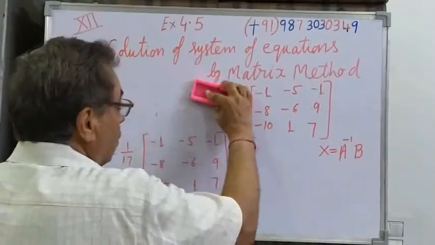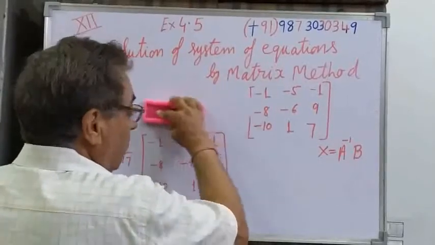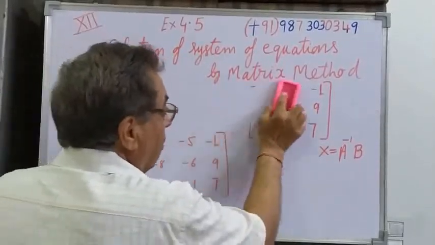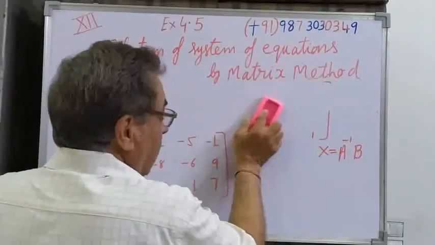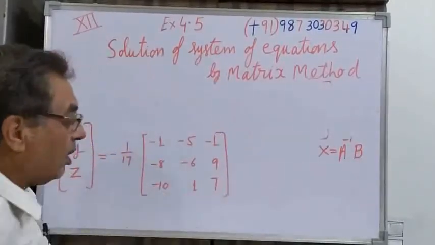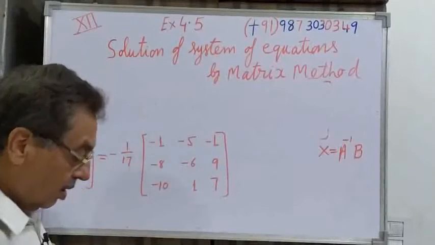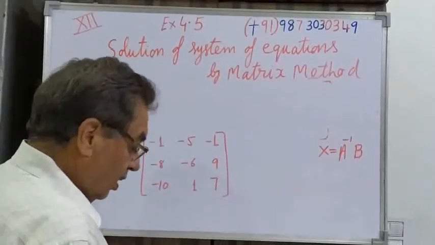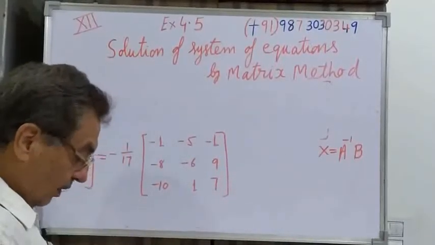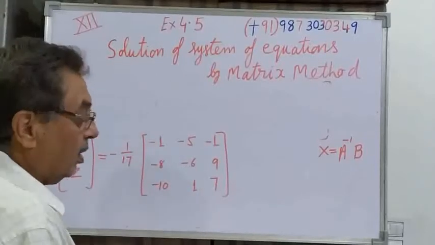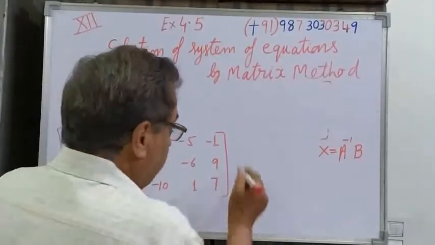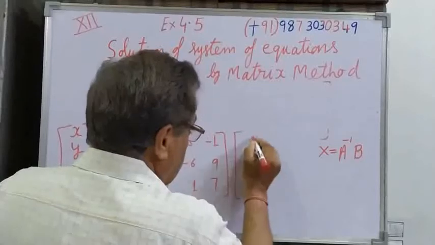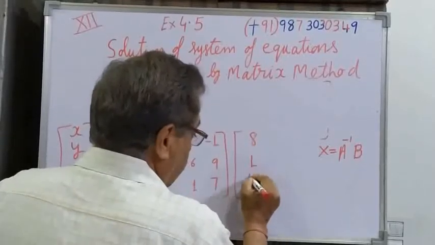Now it is to be multiplied with the B. So initially I told you what the matrix B is: all the constant terms given in the equations are called B. What was here? 8, 1, 4.